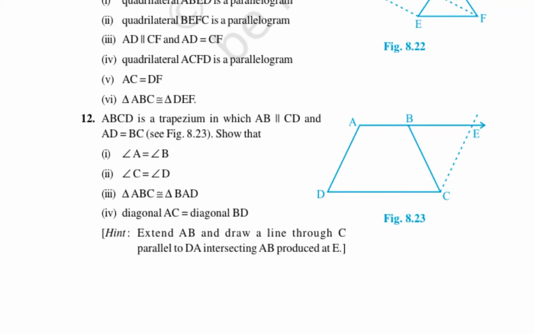ABCD is a trapezium in which AB is parallel to CD and BD is equal to BC. Show that angle A is equal to angle B, angle C is equal to angle D, and triangle ABC is congruent to triangle BAD and diagonals AC is equal to BD. This is what we are supposed to prove.